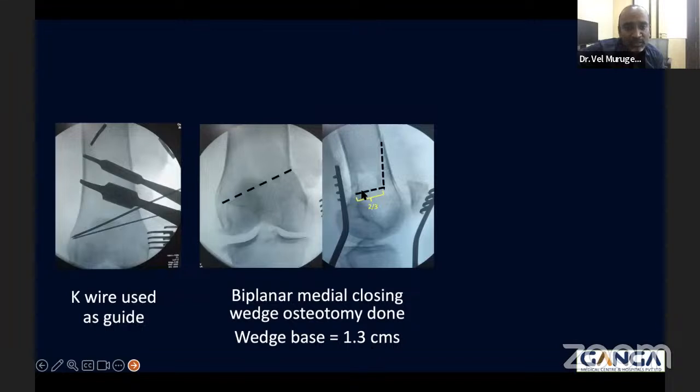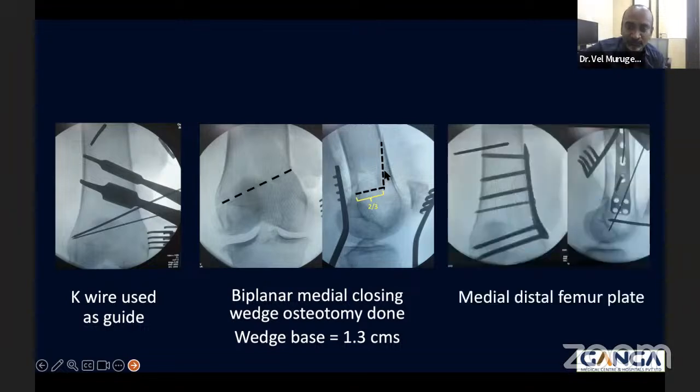We took a horizontal cut in the posterior two-thirds with a base of 1.3 centimeters, and took the cut from the anterior one-third, posterior two-thirds junction to the anterior cortex obliquely. Then we completed the fixation after correcting with the Entomofix.